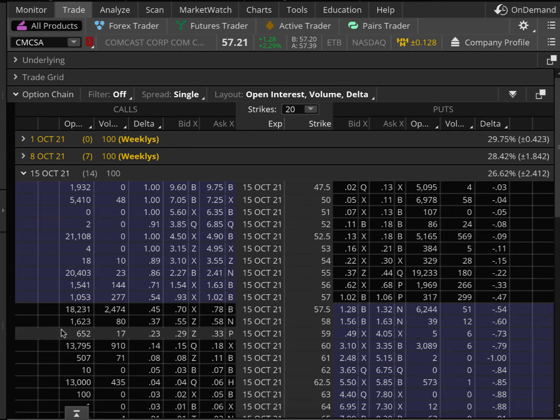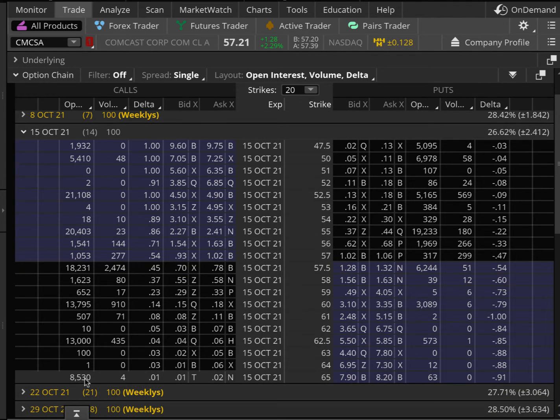Now looking at the volume here, 55, 60, you could also do something called a butterfly option. It's a little bit more advanced, and I do some butterfly trades sometimes.